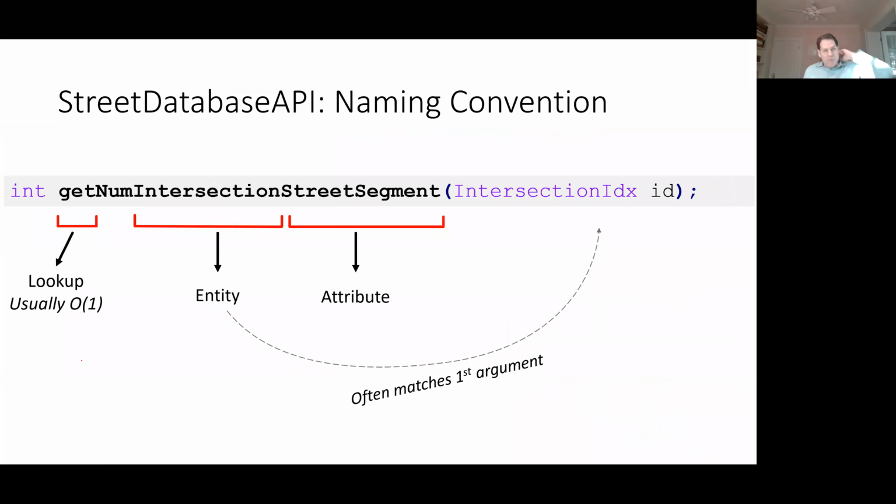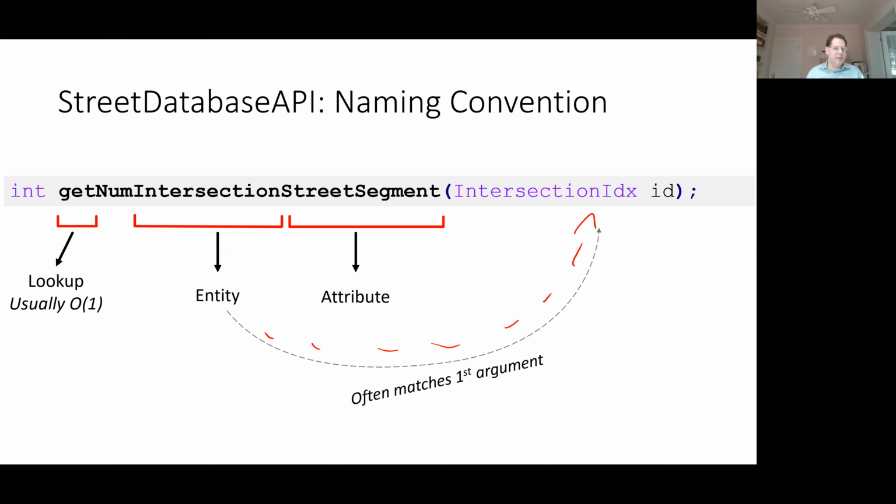This may help you understand some of the functions in Streets Database API. The naming convention starts with some word like get. If it says get, it means it's a lookup. You want to find some information, and typically these are fast, like an order 1 lookup. Then the next word is the entity. I am asking a question about an intersection, so I am going to pass you the ID of an intersection.